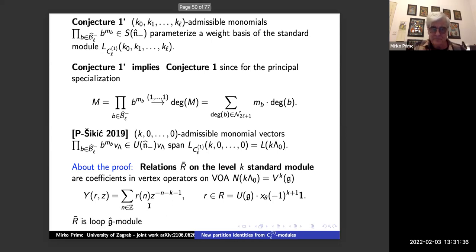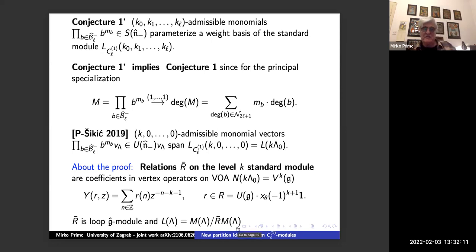So this R bar is a loop module, which comes from the vertex operator structure, and the standard module L of lambda is a quotient of the Verma module by the maximal submodule, which can be written with these relations in this way.